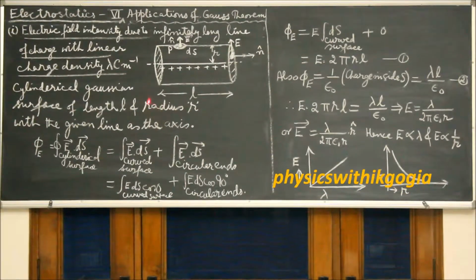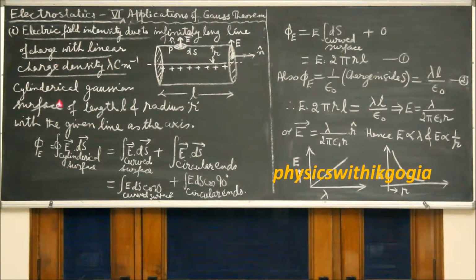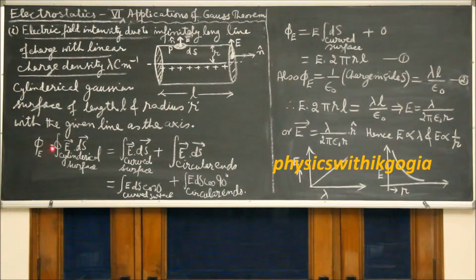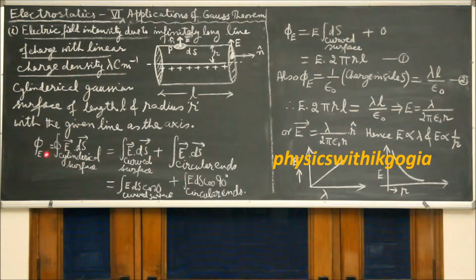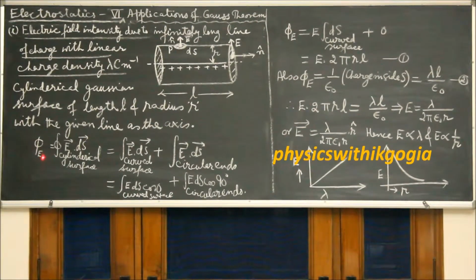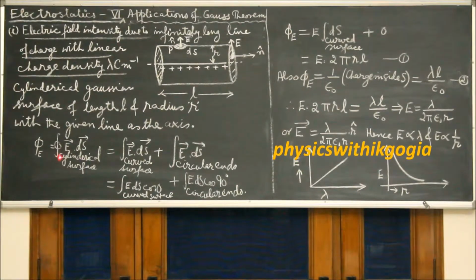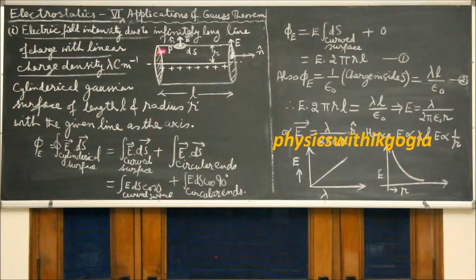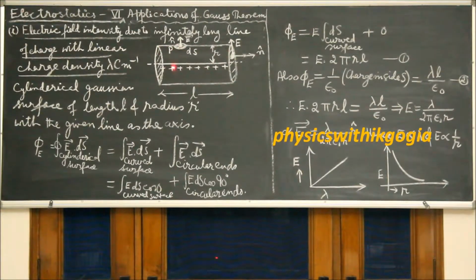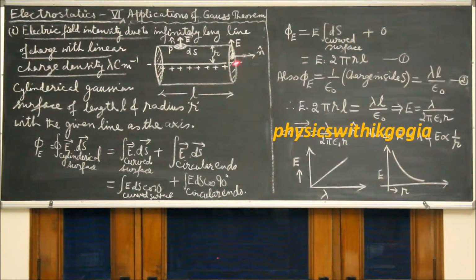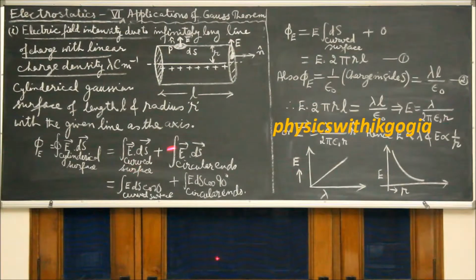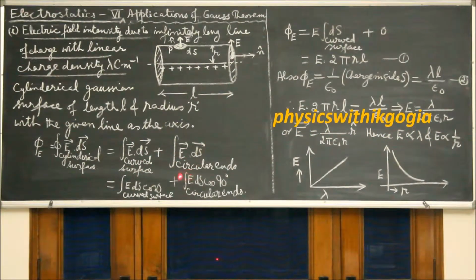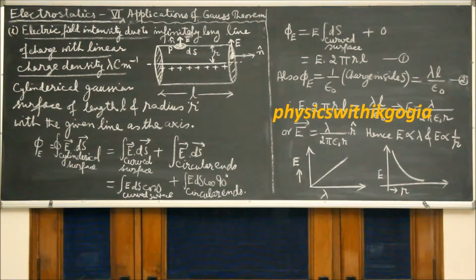Now, as stated in the steps earlier, we will calculate flux in two different ways. The electric flux phi E linked with this cylindrical Gaussian surface can be written as integral E dot ds over the curved surface, plus integral E dot ds over the circular ends.